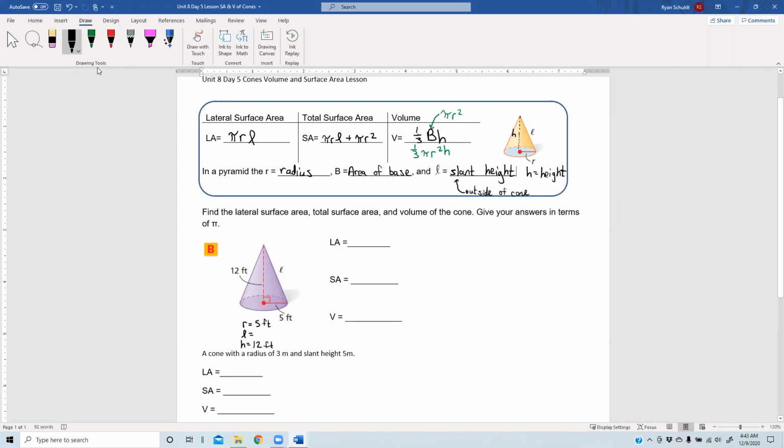We need to realize this is a right triangle, so we can do the Pythagorean Theorem. 5 squared plus 12 squared equals L squared. 5 squared is 25. 12 squared is 144. Add those together, you get 169 equals L squared. When we square root, this is a nice one. It comes out to 13 on the dot. So our L is 13 feet.